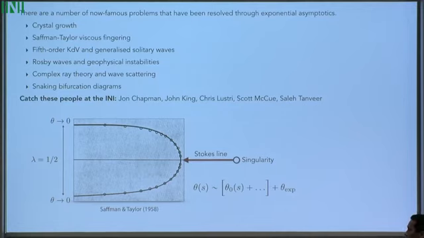And the exponential asymptotics are done in a very similar way. You take the solution of the interface, this theta is a function of the arc length, you look at the singularities in the complex plane, somehow there will be Stokes lines in that, and you look at the switching on and off of those Stokes lines. And in fact, that switching on and off is the crucial piece of information to satisfy the boundary conditions, which limits the possible values of lambda.